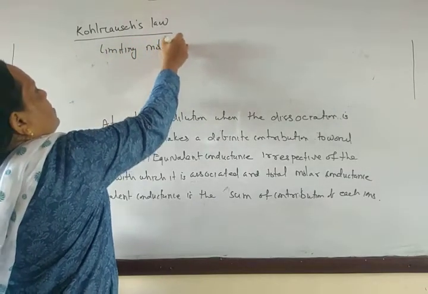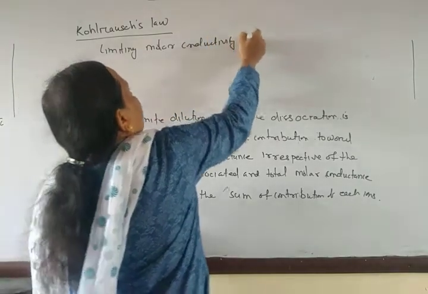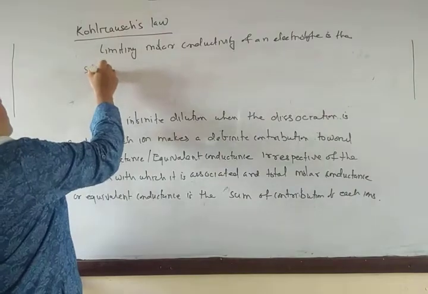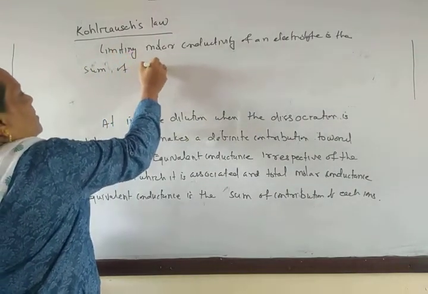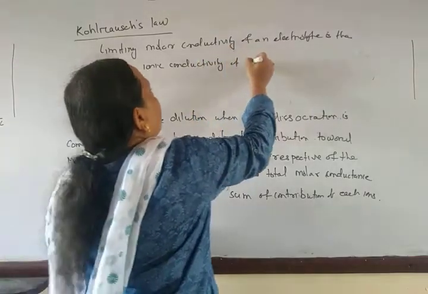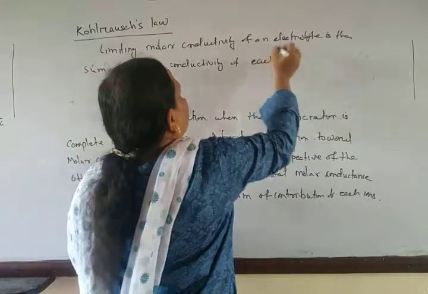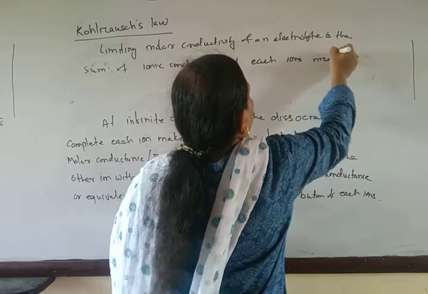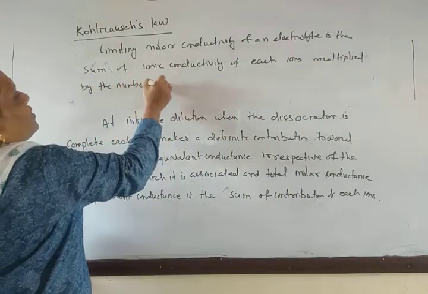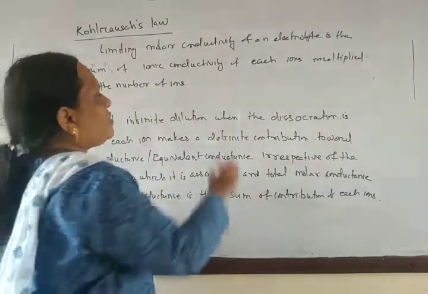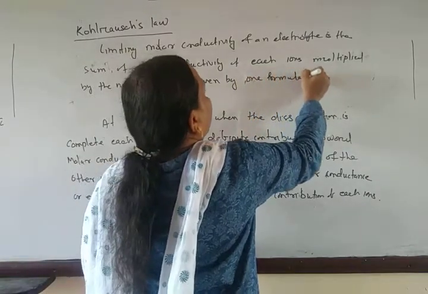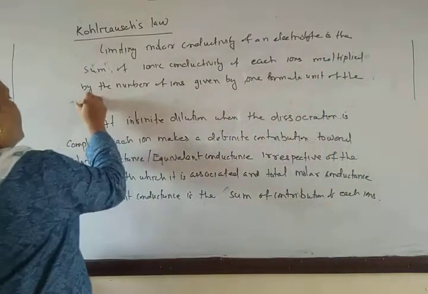The limiting molar conductivity of an electrolyte is the sum of ionic conductivity of each ion multiplied by the number of ions given by one formula unit of the electrolyte.